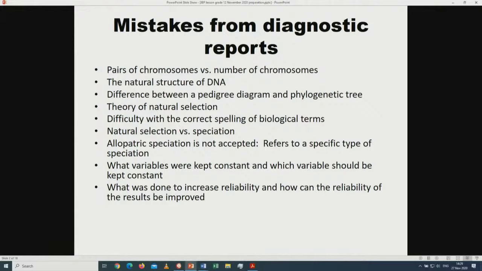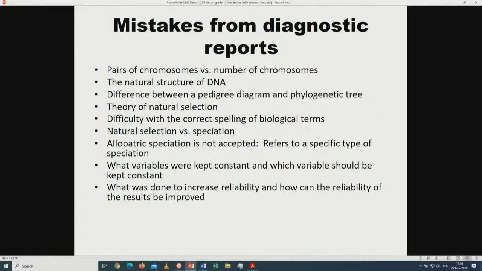Sometimes the questions are phrased in different terms. For example, a question might ask what was done in the investigation to increase the reliability of the results, versus how the reliability of the investigation or the results of the investigation can be improved.